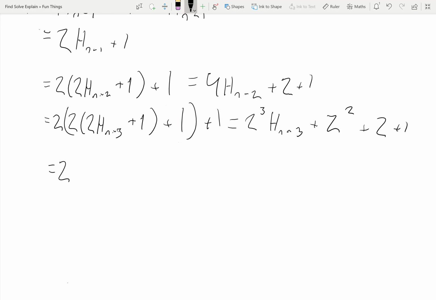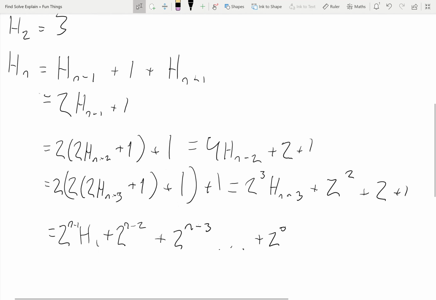You can see there's both a 3 there and a 3 there. 2 to the 0 is equal to 1.